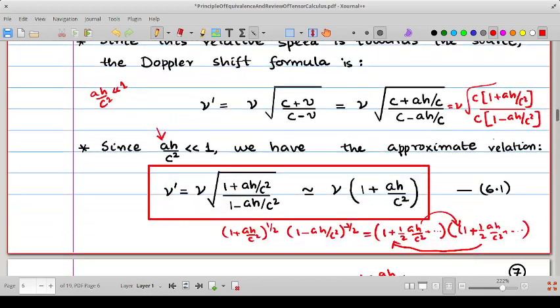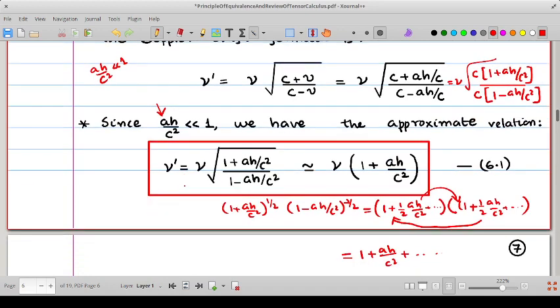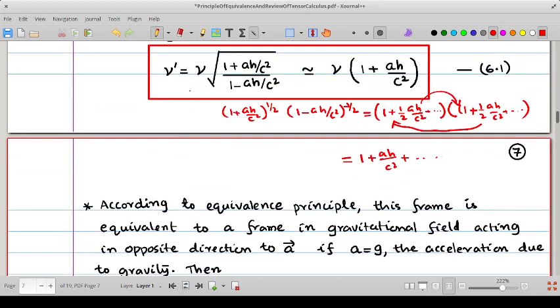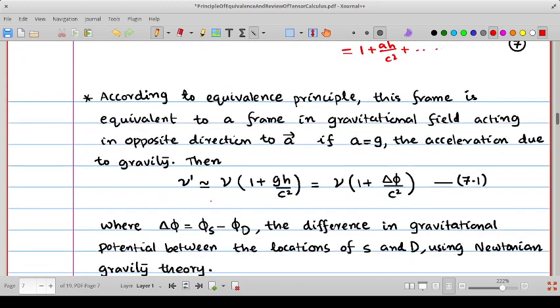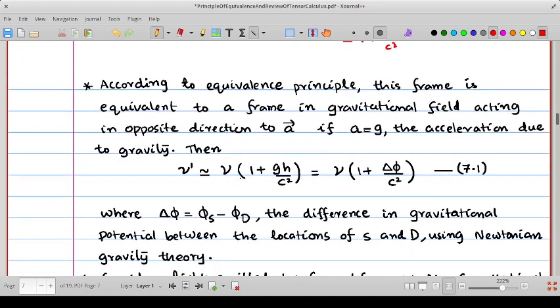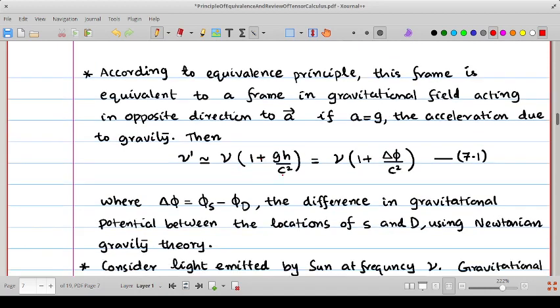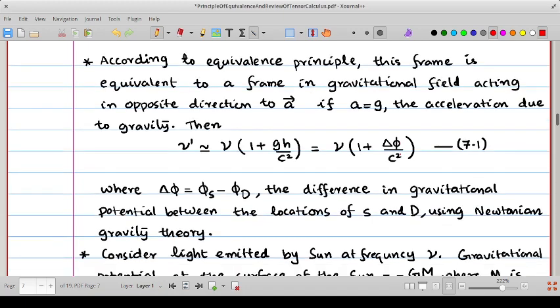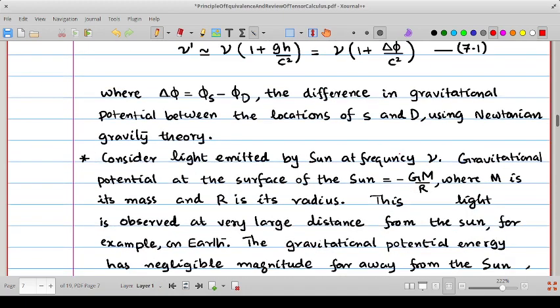And therefore, this formula relating the frequencies in the frame S dash and in the frame S can now be related as nu dash approximately equal to nu times 1 plus gh by c square, but gh is equal to delta phi, the change in the gravitational potential.